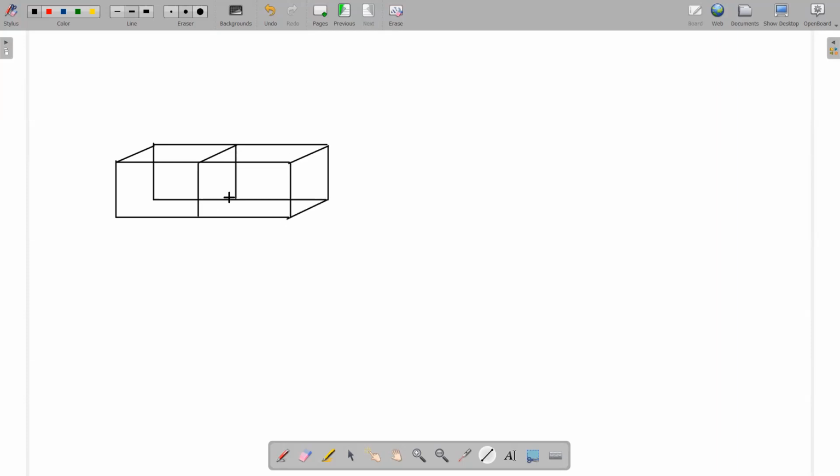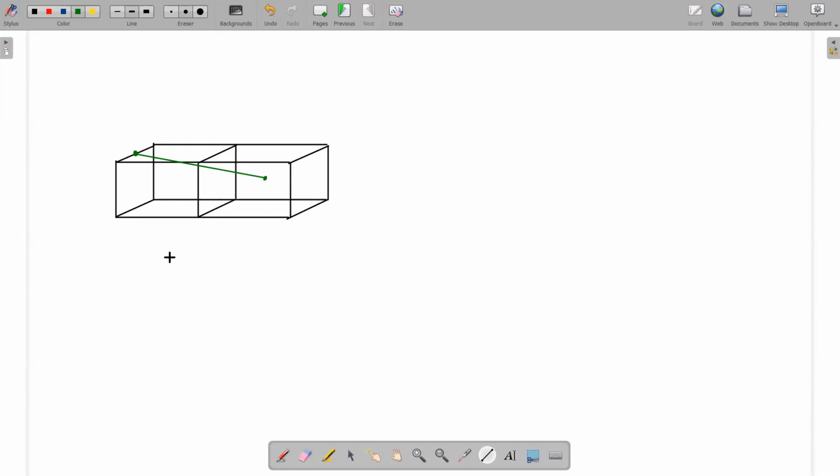It doesn't look like a cube, but it is a cube. So these are two cubes. Now, if somebody asked you to measure the distance between this point, which is the edge center, and this, your body center, they have asked you to calculate the distance between these two points.